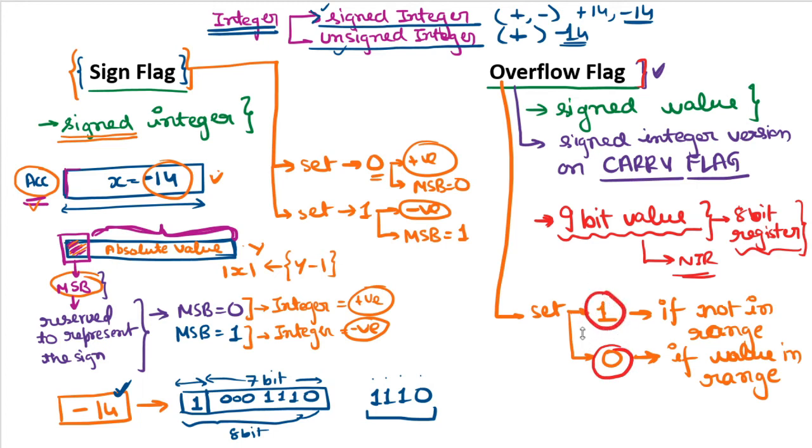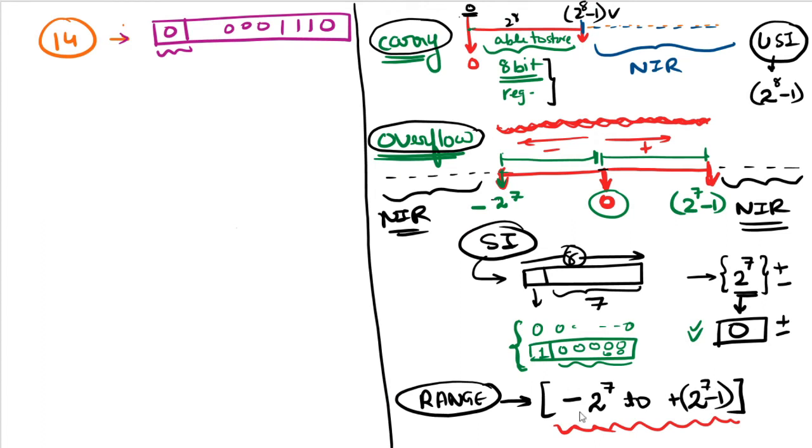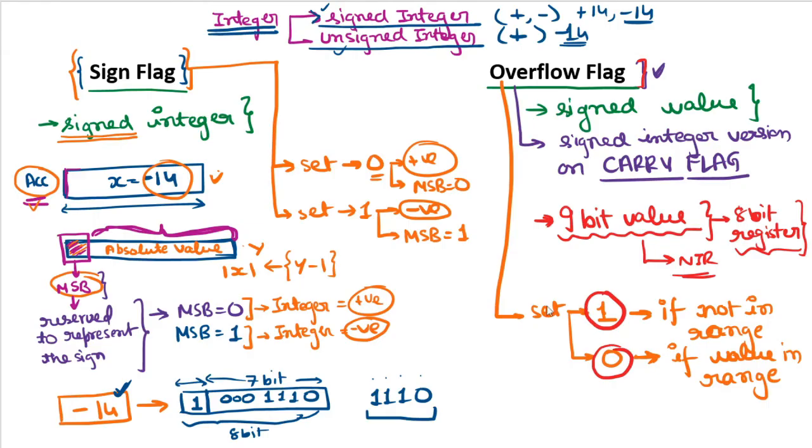If the resulting value is not within this range, the overflow flag will be set to 1. I hope I'm making sense here.